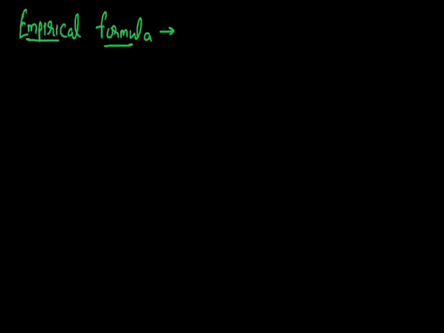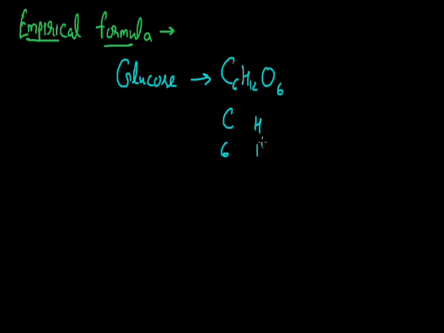Opposite to the molecular formula, the formula which indicates the simplest whole number ratio of elements present in the compound is termed as empirical formula. Such as sometime before we talked about glucose, and we have seen that glucose has the formula C6H12O6. One molecule of glucose contains 6 atoms of carbon, 12 atoms of hydrogen and 6 atoms of oxygen.